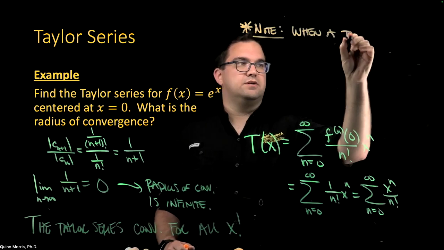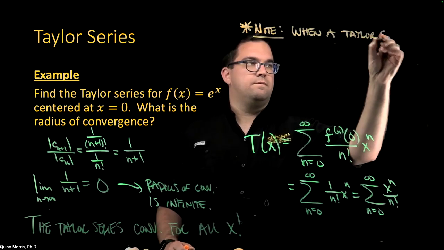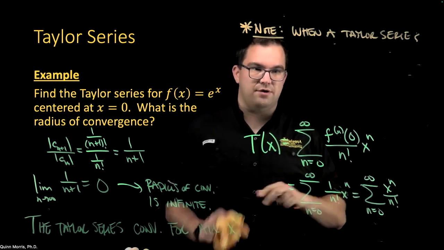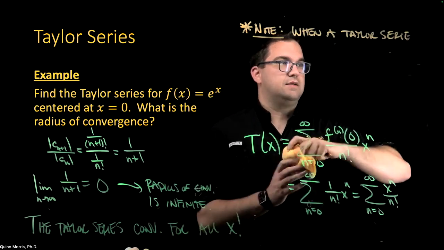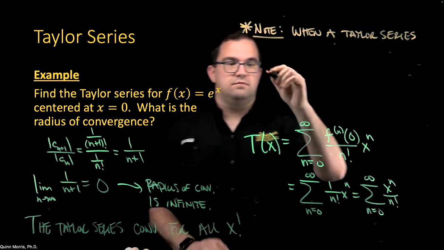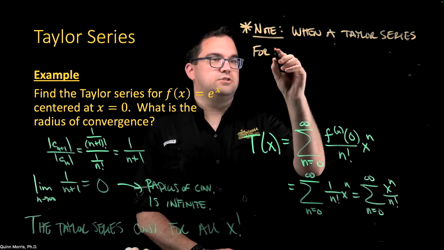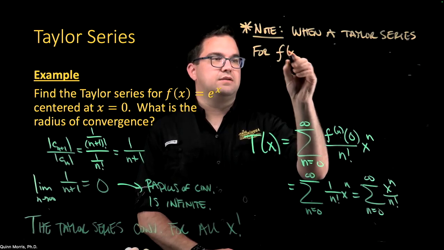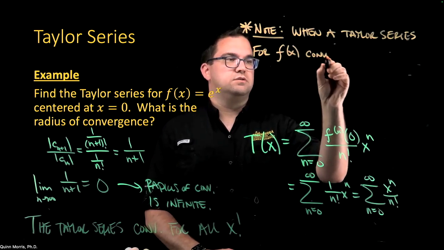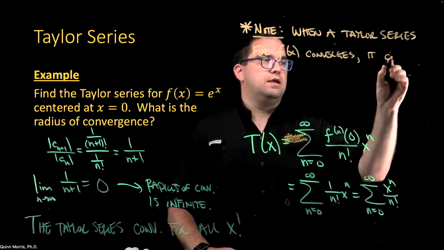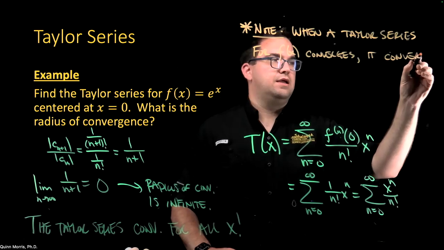When a Taylor series converges, you're not always guaranteed that it's going to converge for every x. So when a Taylor series for a function f of x converges, it converges to f of x.